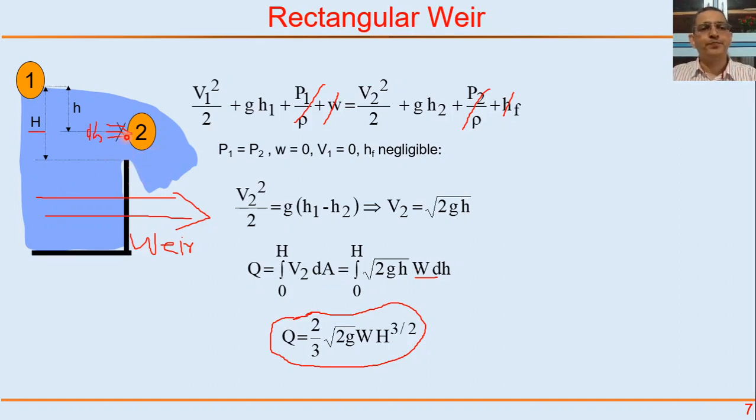And then measuring the height of this overflow, we can calculate the flow rate using this formula. We don't use it often because our pipelines are not open, they are closed, so we use more of venturi meter and orifice meter.